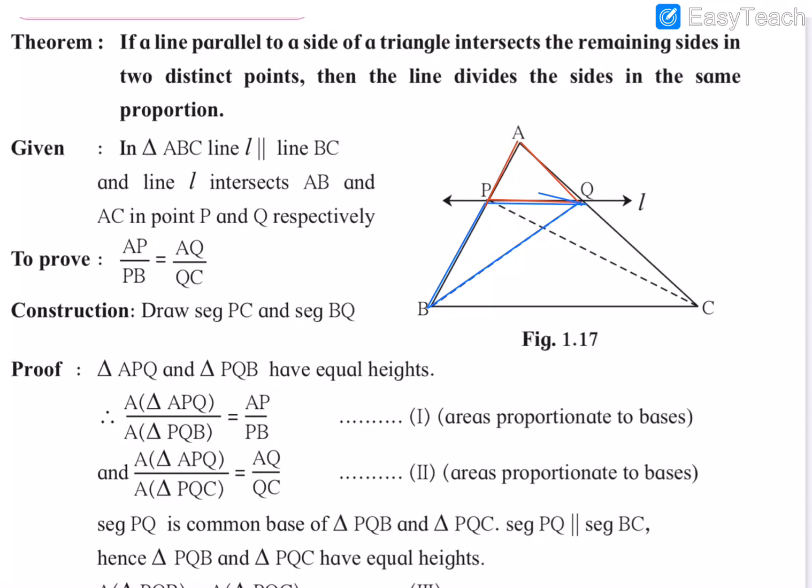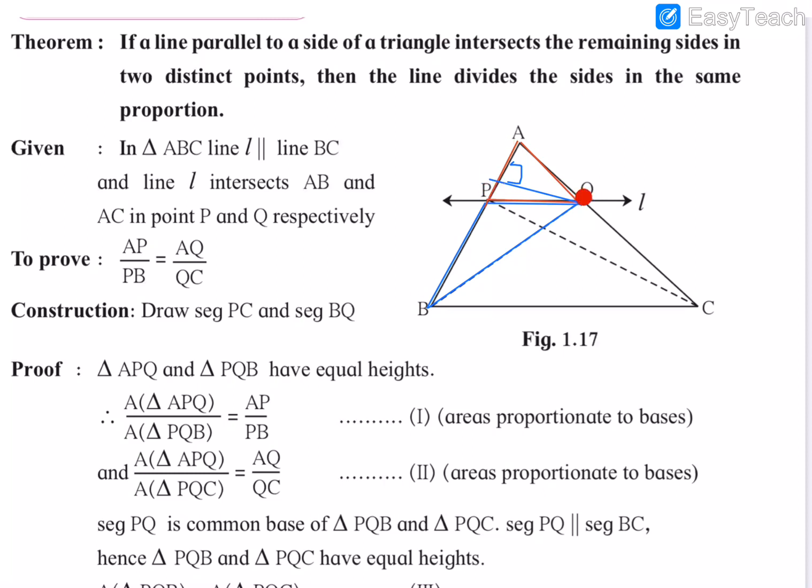So from the point Q I am drawing a perpendicular making 90 degrees. So I have drawn a perpendicular from the point Q to this side. So this will be the height of this triangle APQ, and also this will be the height of this triangle PQB. Since this angle is not 90 degrees, the height of this triangle can be found by drawing a perpendicular from this point to the extended side.